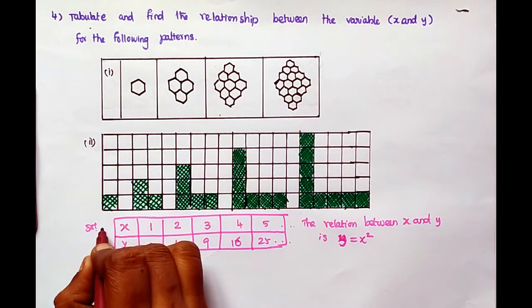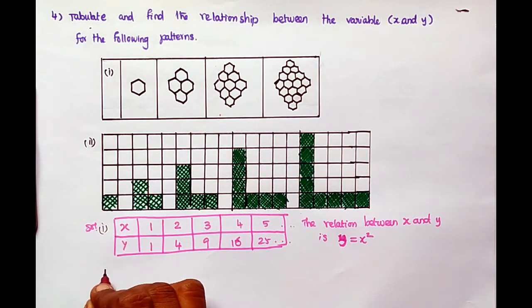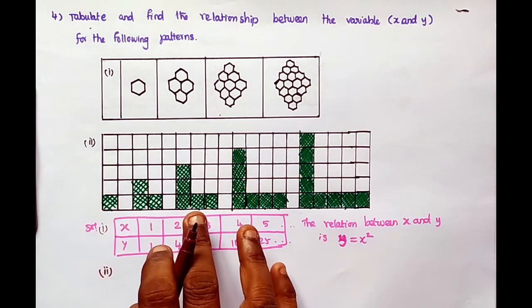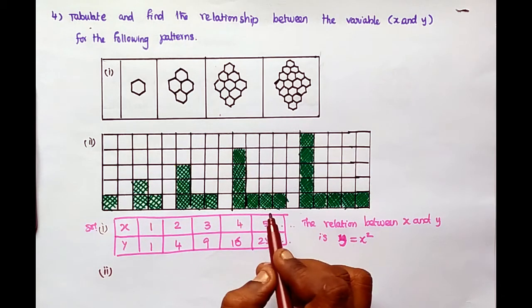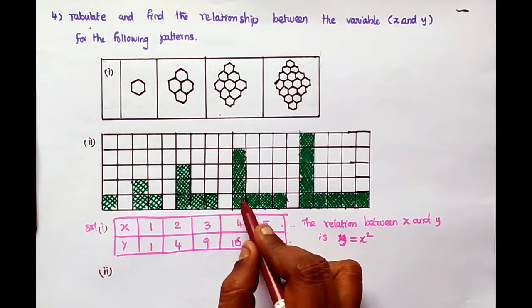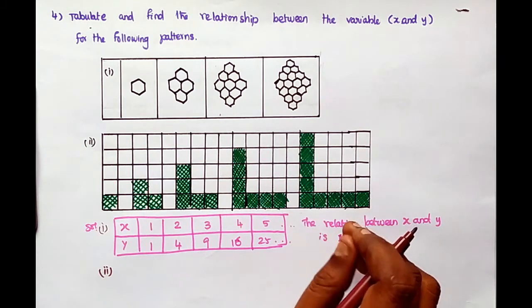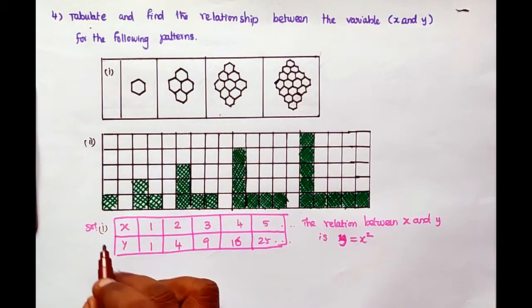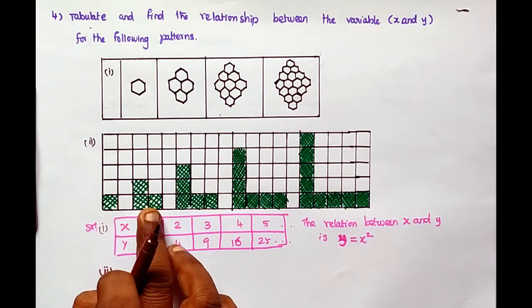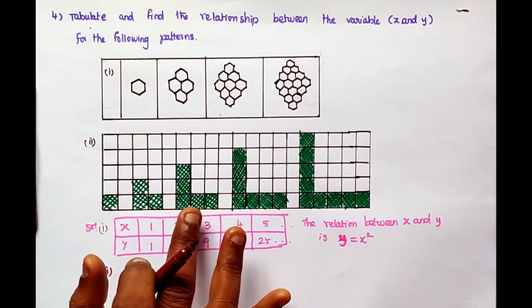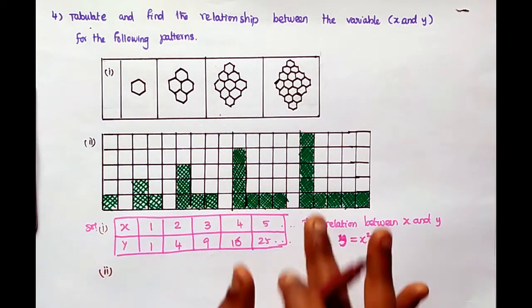So that is the answer. Next one, that is for the first one. Second, 1, 3, 5 and then 5 plus 2 is 7 and 7 plus 2 is 9. So 1 plus 2 is 3, 3 plus 2 is 5, 5 plus 2 is 7, 7 plus 2 is 9.